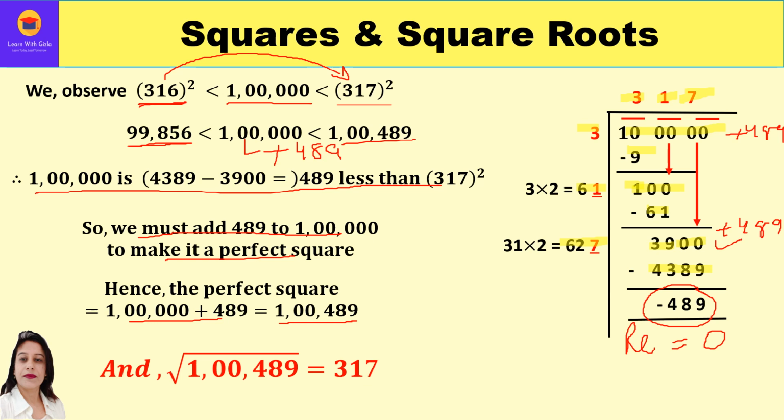And the square root of 1,00,489 is equal to 317, which is our quotient. Over here we have got the quotient 317. This is the square root of 1,00,489. Now 1,00,489 is the least 6-digit number which is a perfect square number, right?